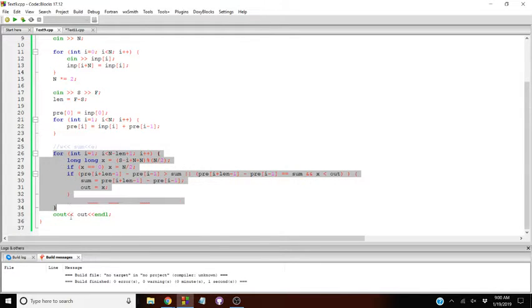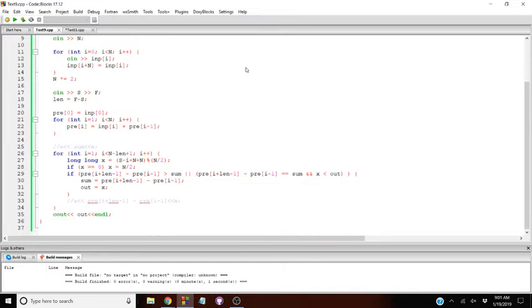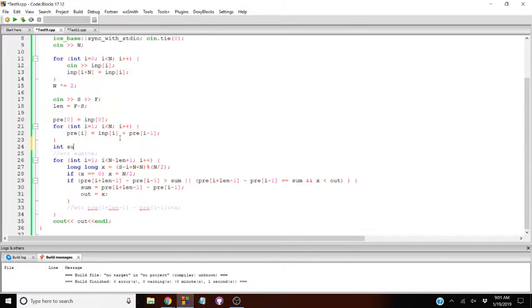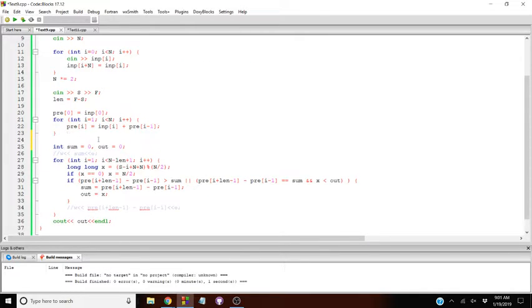This is the part where I find the answer and I need to store the time zone. So I initialize sum and out here. Basically, you put them into global variables, they start out as 0. I could just put them here, I suppose. Sum is the maximum number of people I can get, and out is the answer.